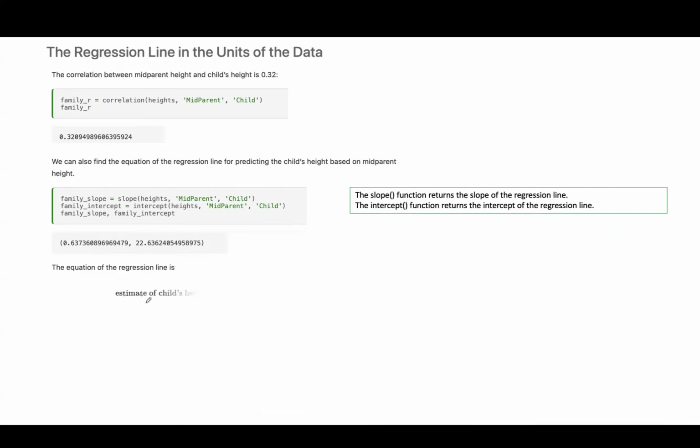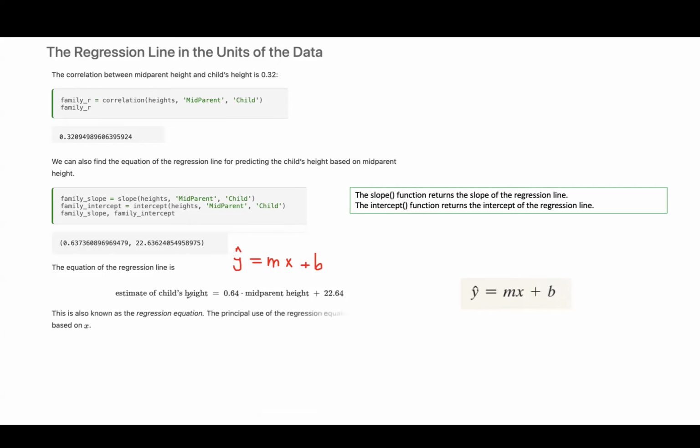The equation of the regression line, as you remember, is y hat equals mx plus b. We have our slope and we have our y-intercept, just calculated using the slope and intercept functions. Now we can make predictions as well. We can plug in different values for our mid-parent height and do the prediction for estimation of the child's height. As you remember, this is also known as the regression equation.